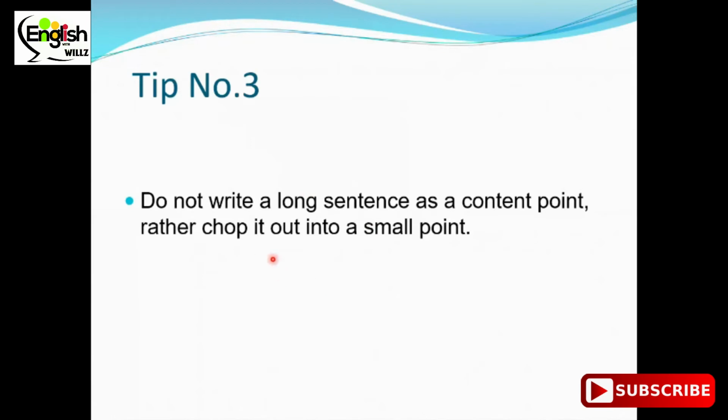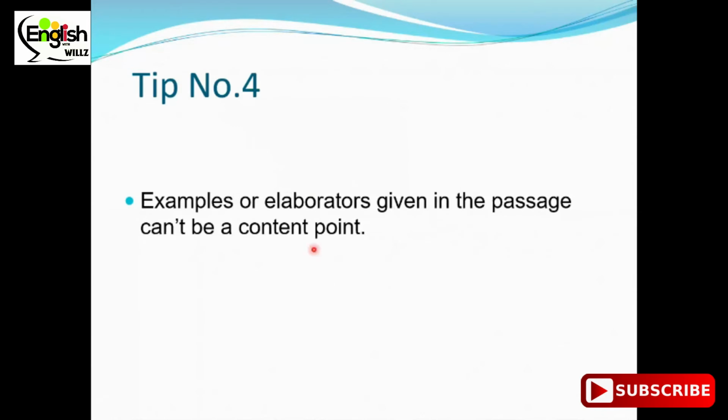From the same 2 lines, you have to pick some very important words which are necessary to be added into the content point, and those which are irrelevant, leave them and make a new small sentence, right? But when you're making a small sentence, do not use your own words. Try to use all the words given in that line. Yes, you can alter. That's only allowed. Tip number 4 says, examples and elaborators given in the passage can't be the content point.